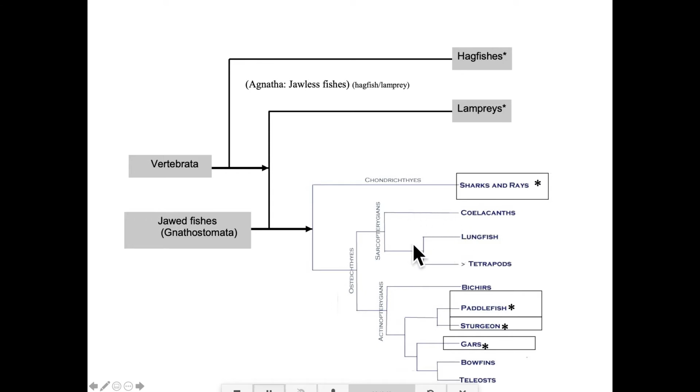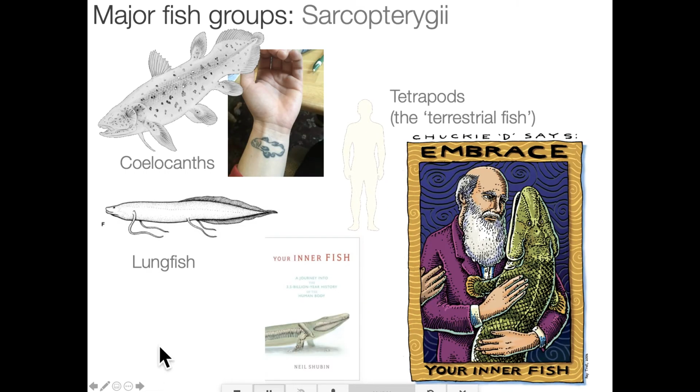I'm going to take a brief moment to focus on the Sarcopterygians, which are a section of this tree that you're not responsible for in terms of the handout or the test, but I do believe these are important fish in terms of evolutionary status. The Sarcopterygians are also known as lobe-finned fishes.